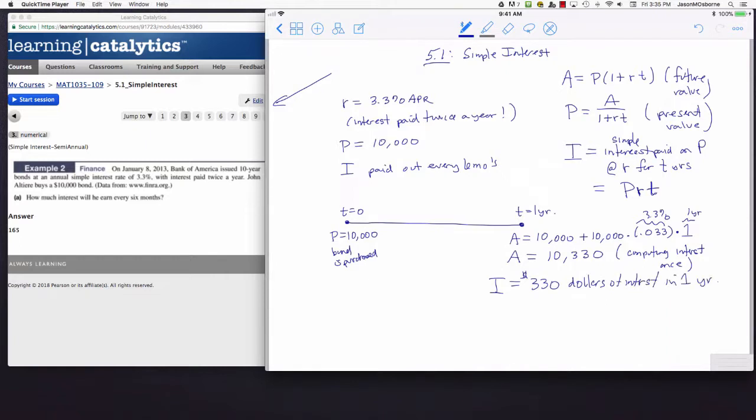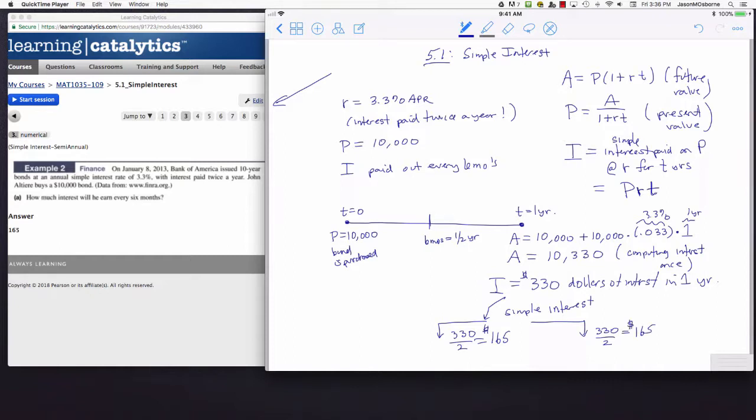Since we are in the simple interest section, the idea is to think of that $330 of interest being divided into two parts. In the first half of the year, you're going to get the $330 divided by 2, and in the second half of the year, you're going to get the other half, which is $165.